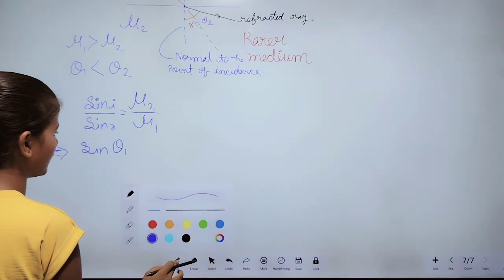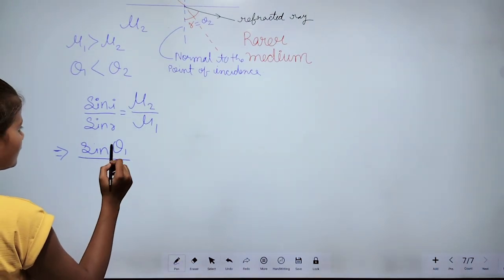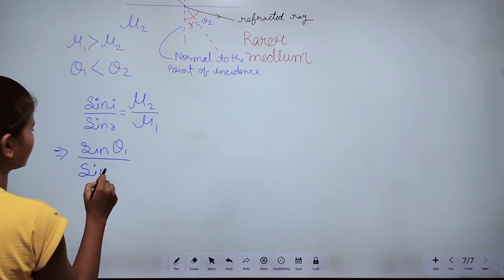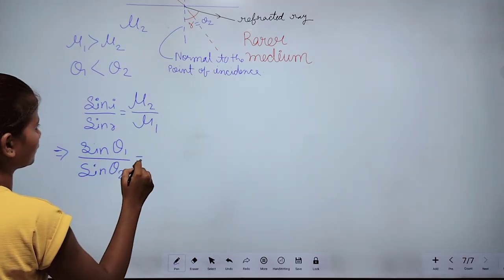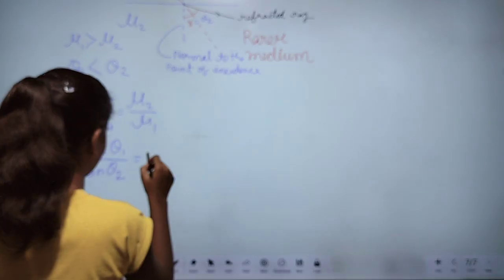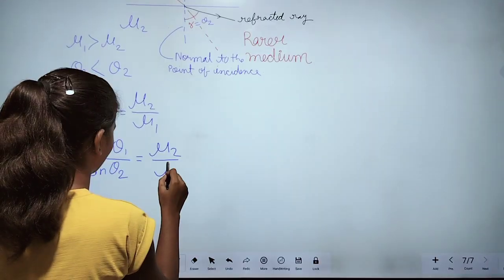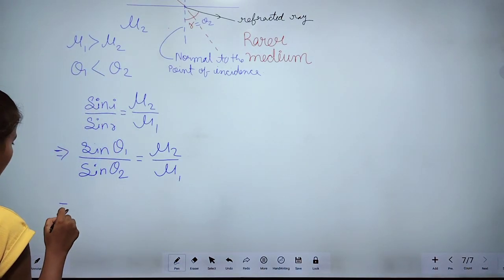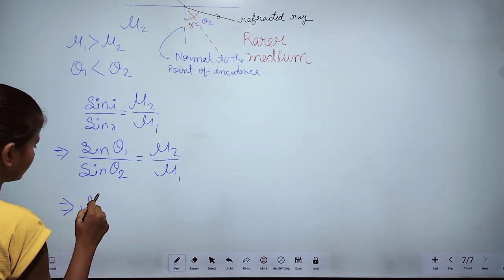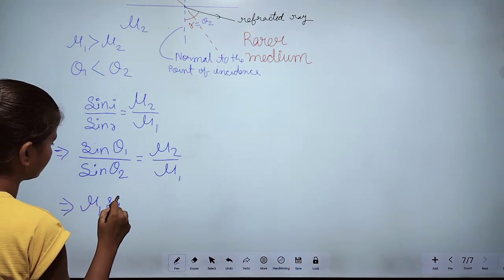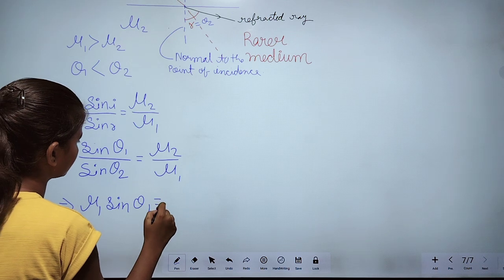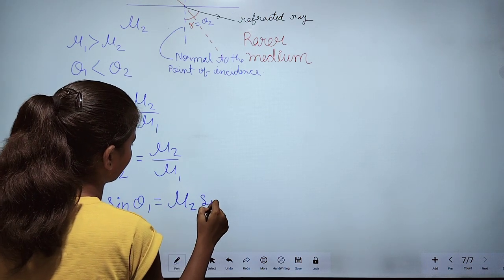So sin i is equal to sin theta 1, sin r is equal to sin theta 2, and here mu 2 by mu 1. From cross multiplication, mu 1 sin theta 1 is equal to mu 2 sin theta 2.